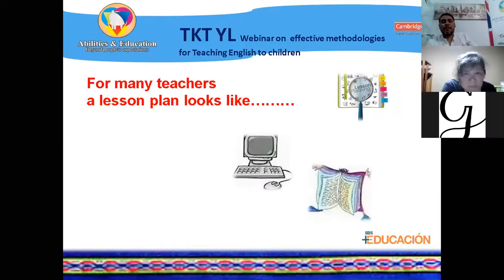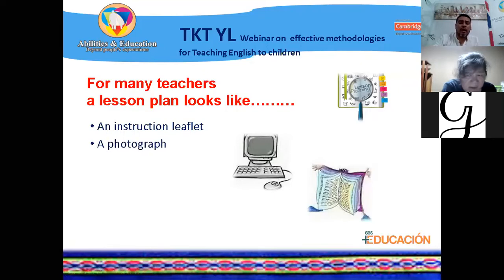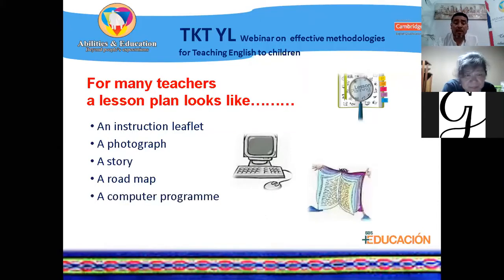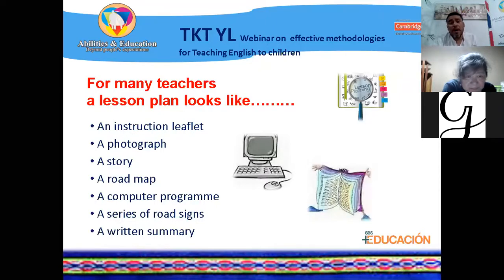For many teachers, a lesson plan looks like an instruction leaflet, a photograph, a story, a road map, a computer program, or a series of road signs. For some teachers, a lesson plan looks like a reading summary also.